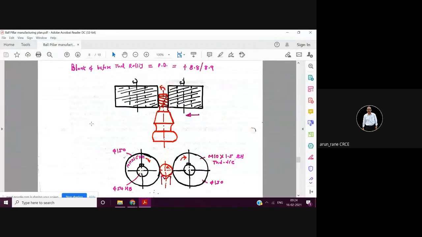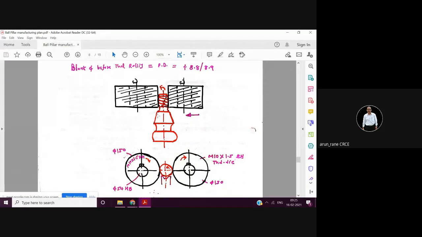So the most important thing in thread rolling is the blank diameter before thread rolling. Blank diameter before thread rolling should be equal to the pitch diameter. So if the nominal diameter is 10, for the pitch diameter there is a calculation, there are formulas. With the help of that, you can calculate the pitch diameter.